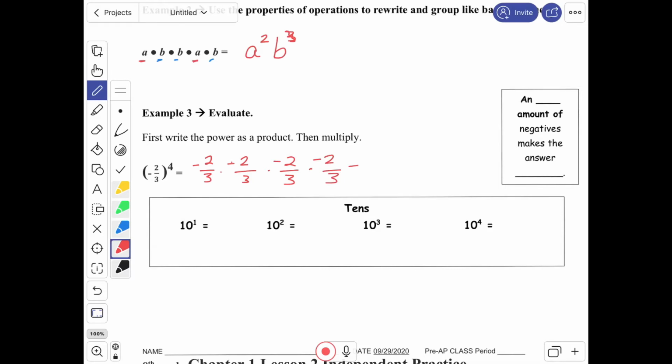And just like multiplying any fraction, we go straight across. 2 times 2 is 4. So this is 4, and this is 4. And a negative times a negative makes a positive, so both of those are positive 4s, and 4 times 4 makes 16. On the bottom, 3 times 3 is 9, and this 3 times 3 is 9, and 9 times 9 is 81.